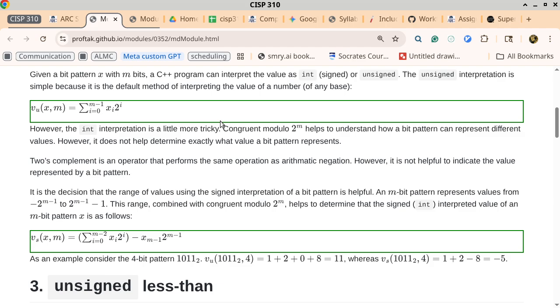Is that okay? So the sigma notation should look a little bit familiar because we talked about this in base conversion already. Essentially, it is the same thing as base conversion, except i starts from 0 instead of negative infinity, and then it goes all the way to just m minus 1 instead of positive infinity.